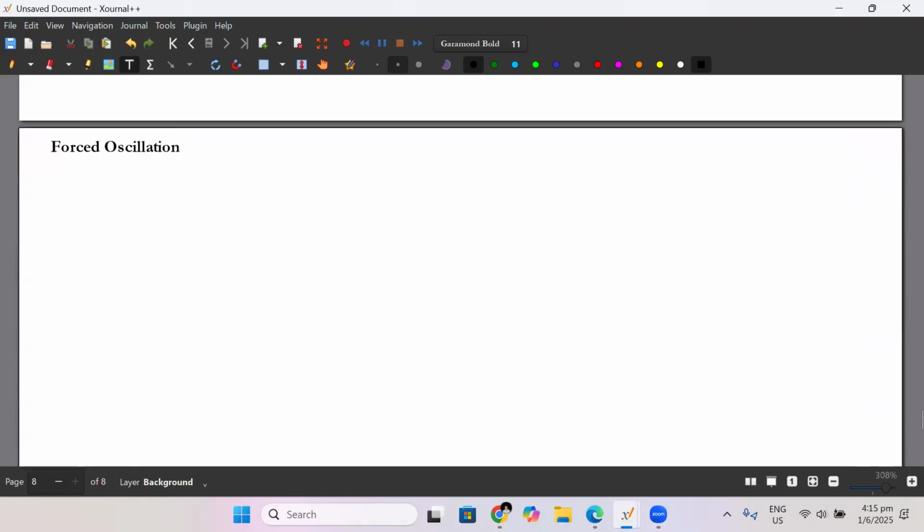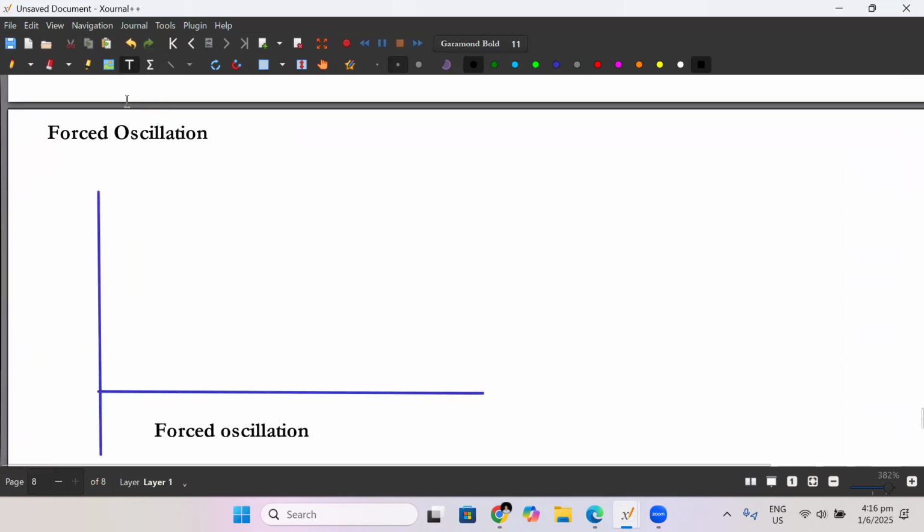Okay, so to make it easy for you to visualize, I'll draw the same setup as just now. And this is called a forced oscillation. Let's do something like this. We have the spring like that.